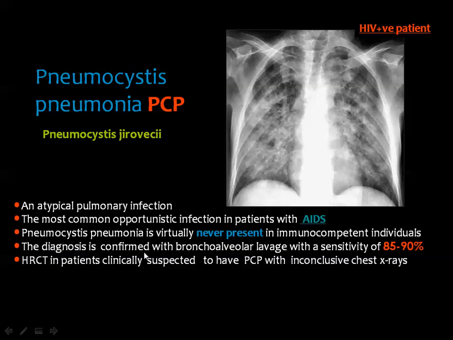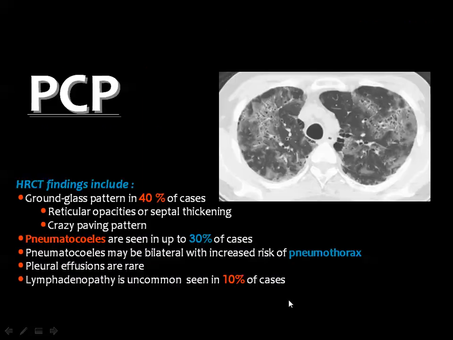The diagnosis is confirmed by the bronchoalveolar lavage, which is sensitive in about 90% of cases. High resolution CT will show the opacities that may not be seen in the chest X-rays.